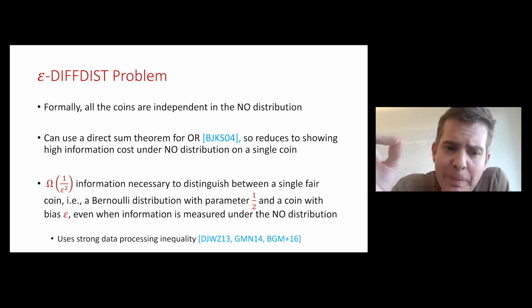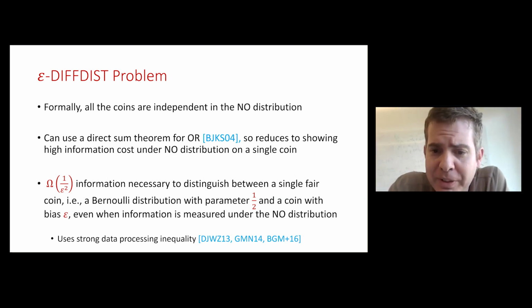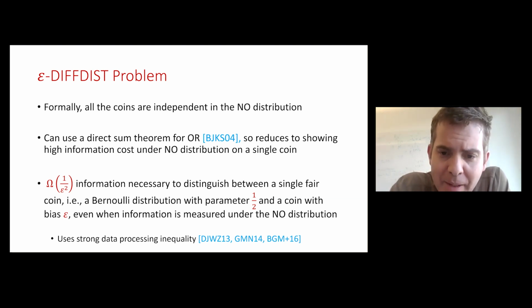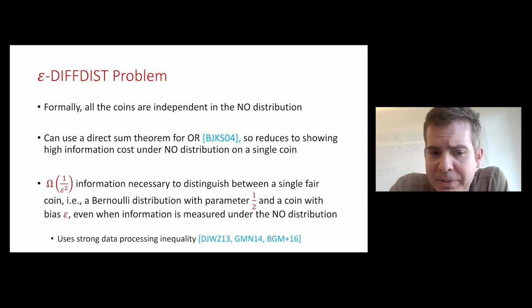And we need to show a 1 over epsilon squared information lower bound to distinguish between a single fair coin and a coin with bias half plus epsilon. The protocol is always correct, but the information is measured under the distribution when the coin is unbiased.